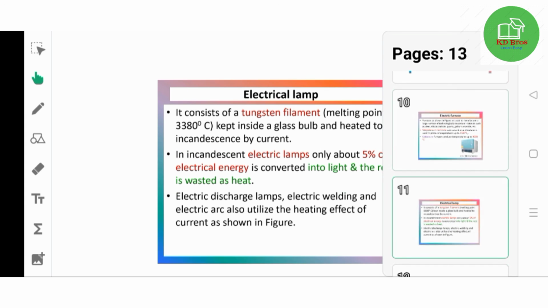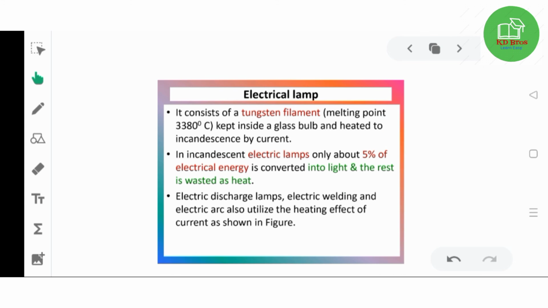Okay, next, the electrical lamp. It will produce a high temperature. It consists of a tungsten filament. The melting point of tungsten is around 3380 degrees Celsius, kept inside a glass bulb and heated to incandescence by current.